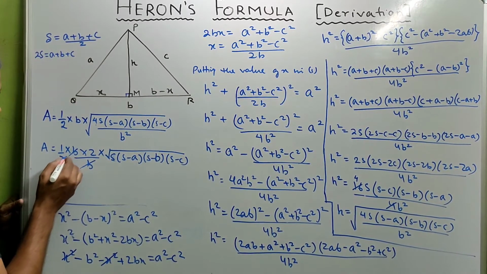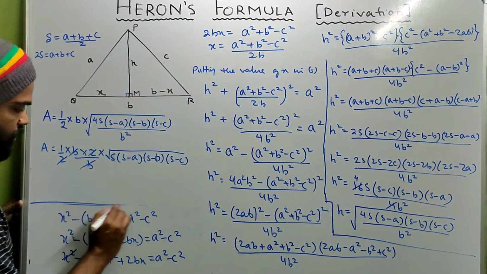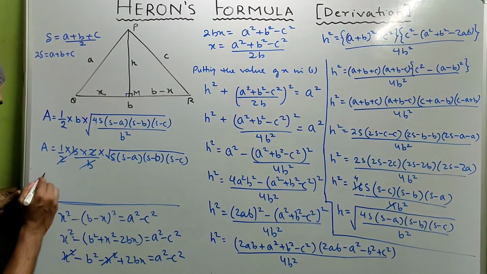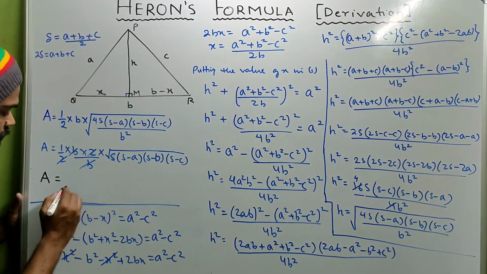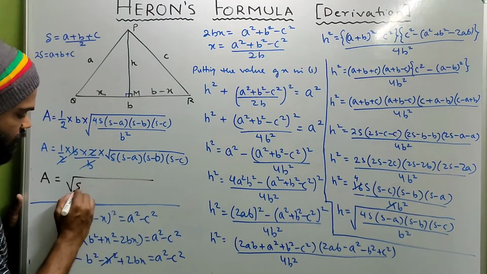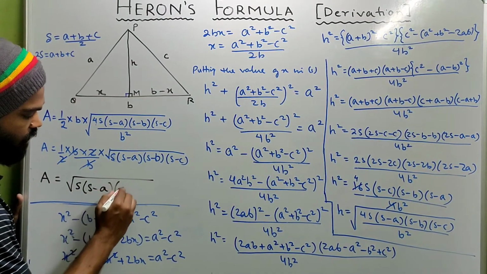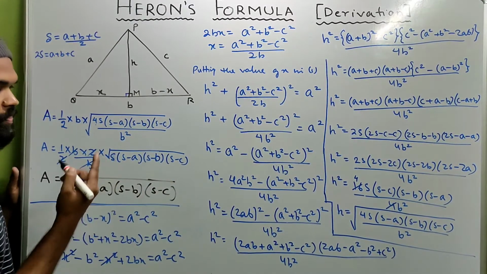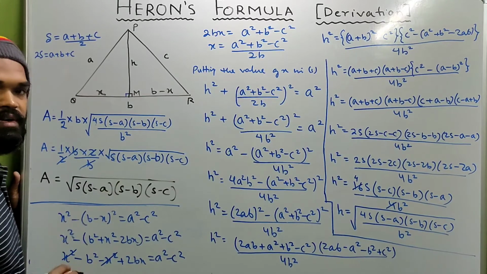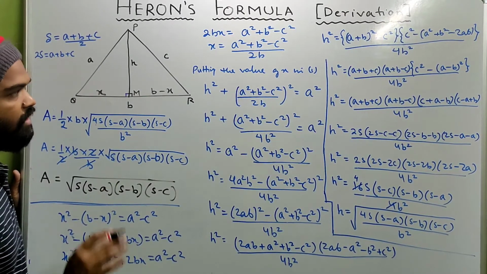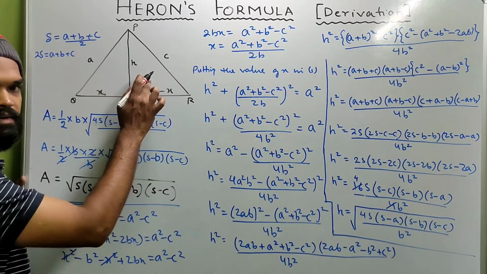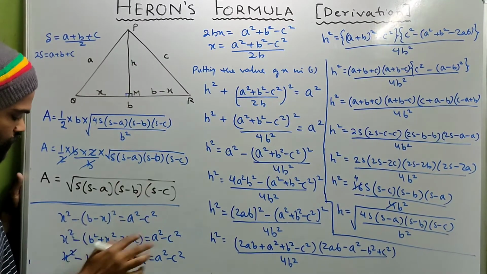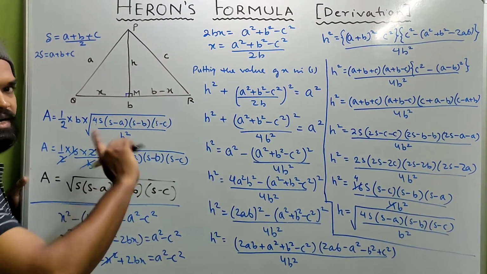This b, 2 cancels, which means I can say that the area of the triangle with sides a, b and c can be written as root of s, s minus a, s minus b and s minus c, and that's your Heron's formula.